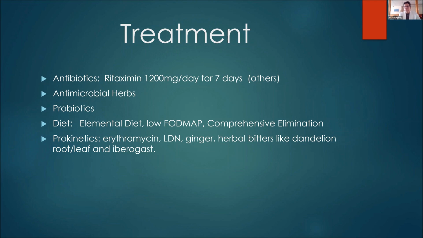Now, the last diet I want to talk about specific to SIBO is called an elemental diet. The elemental diet is specific to someone that knows they have SIBO. Because what you're going to do is only drink these pre-digested micronutrient foods that get absorbed.